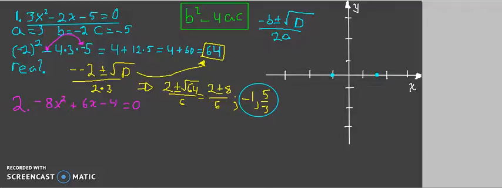We know that it is going to be an upward-facing parabola because this constant right here is positive, so it's upward facing.